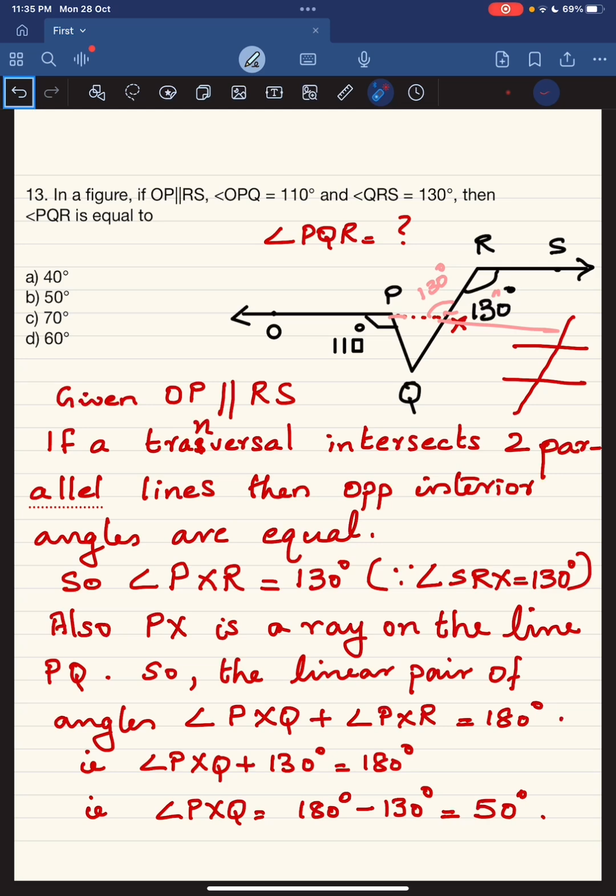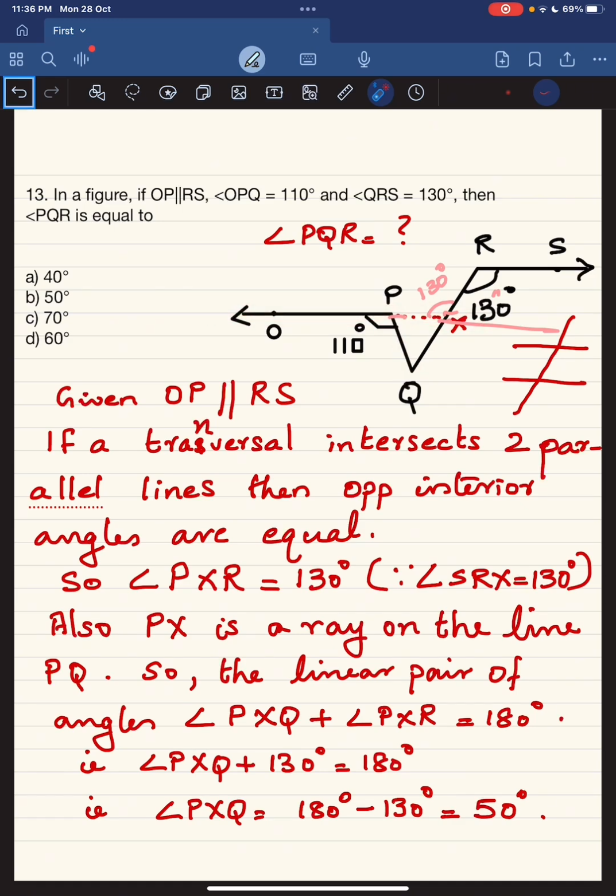So PX is a ray on the line PQ. This PX is a ray on the line PQ, correct?